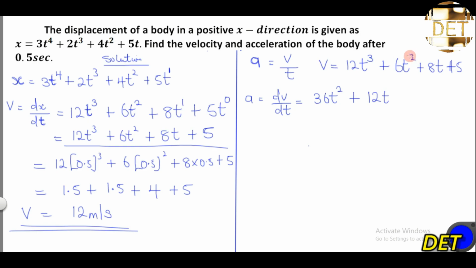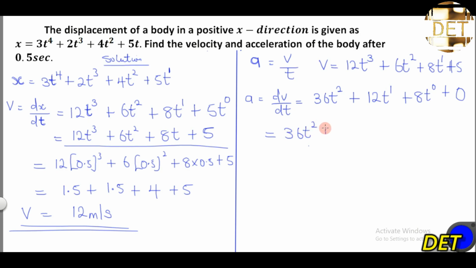I will subtract 1 from the power. 2 minus 1 will give me what? 1. Plus, there is an invisible 1 here, right? So 1 times 8t will give me what? 8t. 1 minus 1 will give me what? 0. Because I have to subtract 1 from the power, right? 1 minus 1 will give me 0. Plus, if we differentiate the constant, it is what? 0.